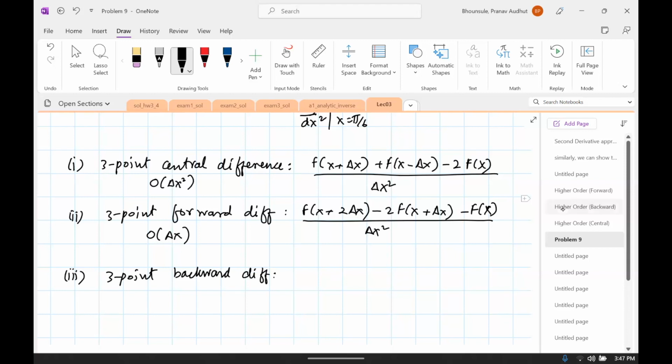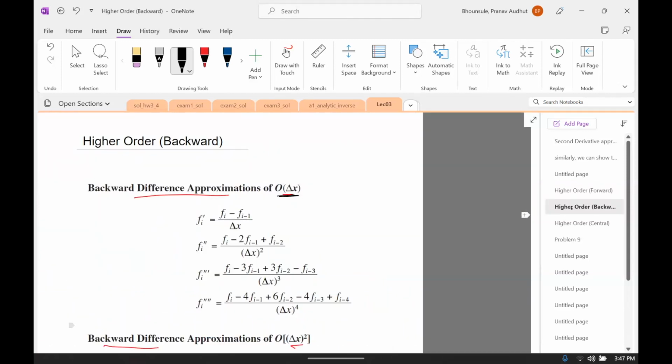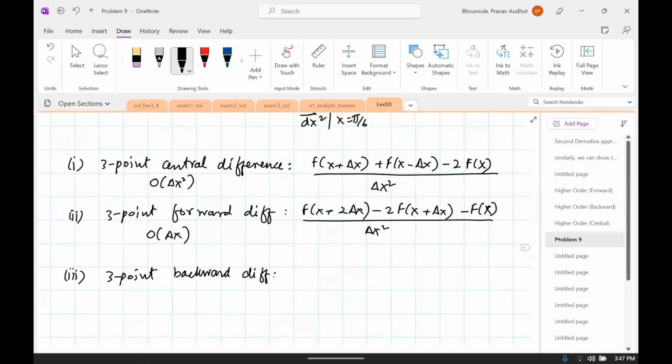So again, we go to the backward difference. We only want order delta x. And here we are looking specifically at the second derivative. So I'll write this formula down. It's going to be f of x minus twice f of x minus delta x plus f of x minus 2 delta x, divided by delta x squared.